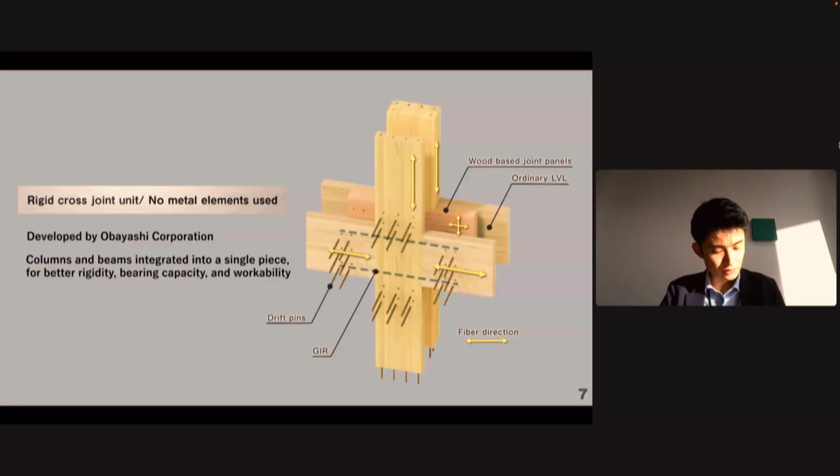At Port Plus, we developed the key connection detail, the rigid cross-joint unit. It was not an off-the-shelf solution. Our design team engineered it for Japanese codes, constructability, and required performance. To scale timber construction, filling these missing pieces through development is essential.